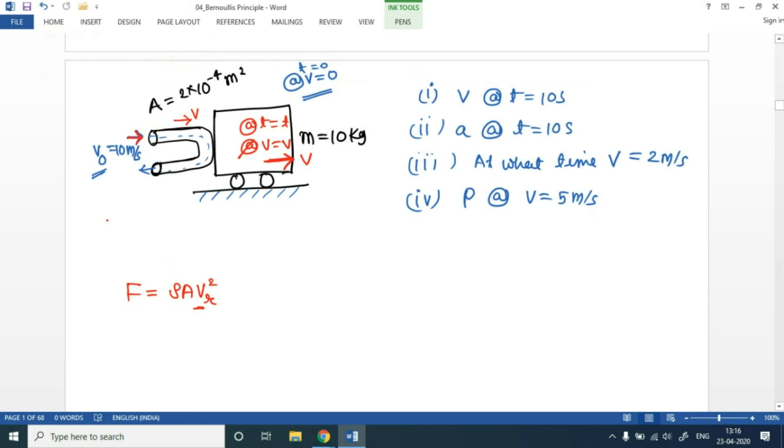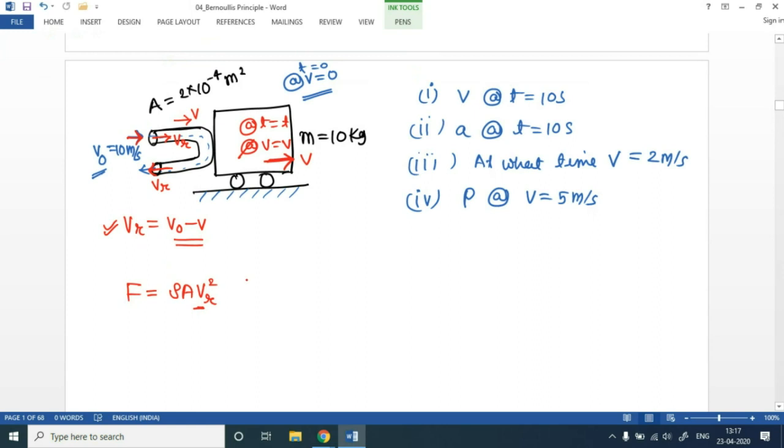So the relative velocity of the flow with respect to the pipe is going to be v naught minus v in this direction. Since the cross sectional area is uniform, with respect to the pipe it is going to come out with the same relative velocity. So the value of v relative here is nothing but v naught minus v.